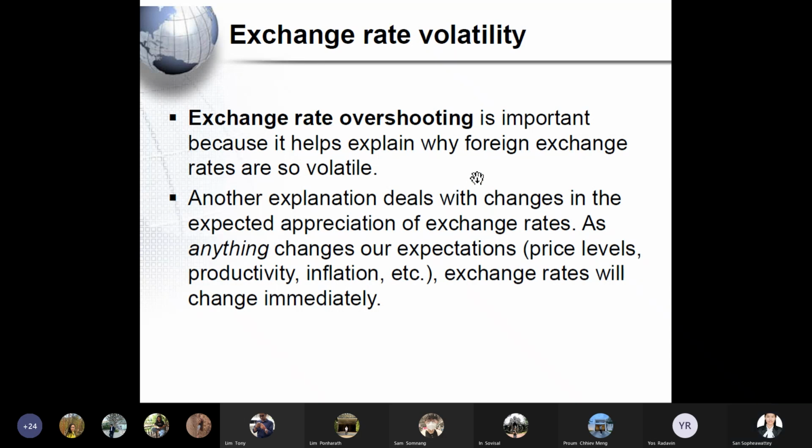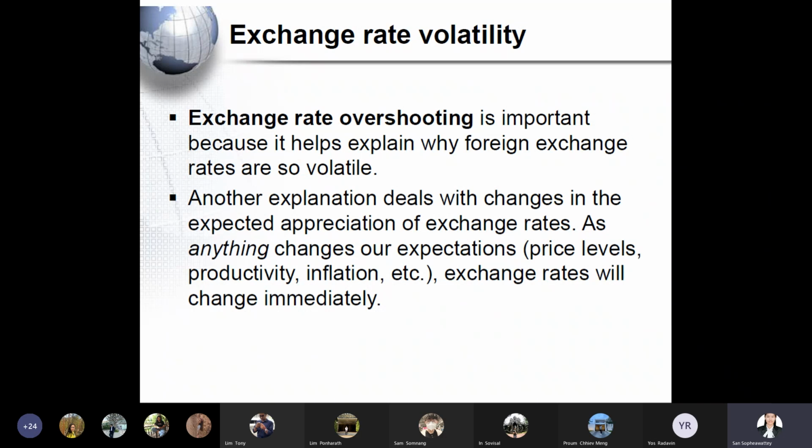So for the exchange rate, we are also looking at exchange rate volatility, or we say overshooting. Exchange rate overshooting is important because it explains why foreign exchange rates are so volatile. Another explanation deals with changes in the expected appreciation of the exchange rate: as anything changes our expectations, such as on price level, productivity, or inflation, the expected exchange rate will change immediately.